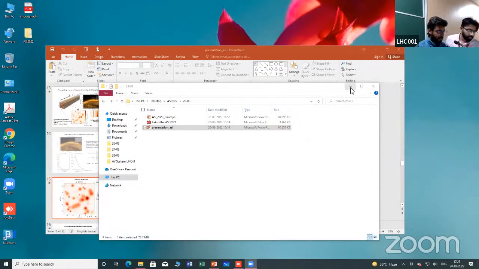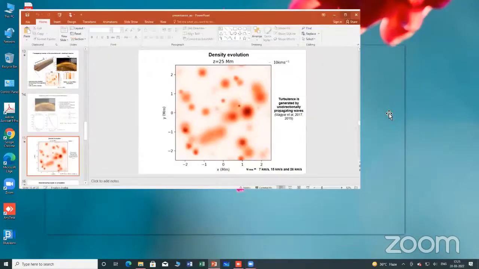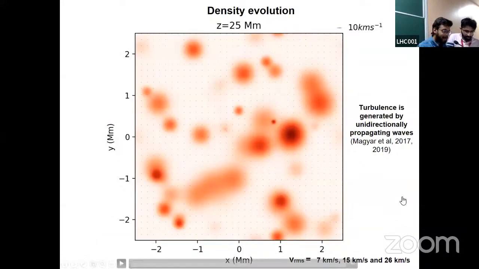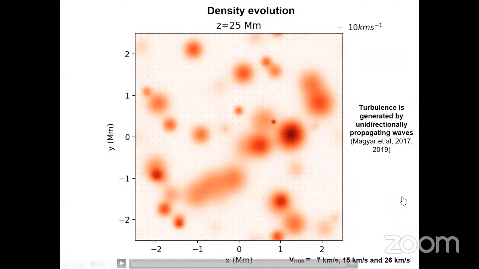Share screen, entire screen. Okay, can you see the screen now? Yes. Okay, fine. So sorry for the glitch. Yeah, it's okay.